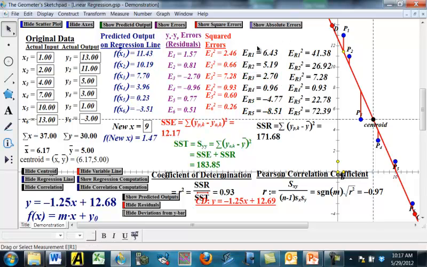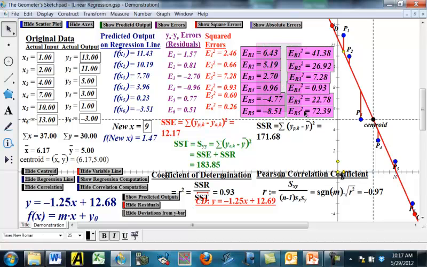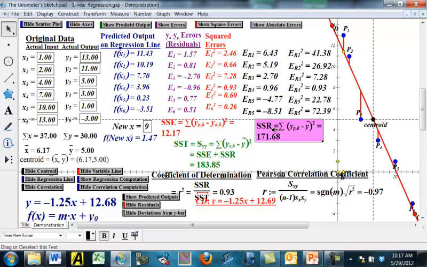Then take these deviations from y bar, from the predicted y's from the y bars, and square them. And sum those up. Those are the sum of the squares from the regression, differences from the regression line from the average.